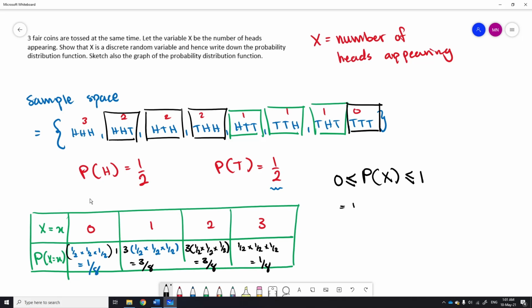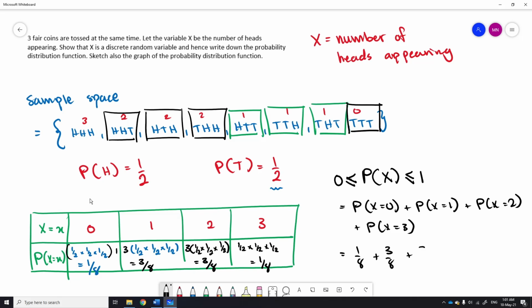It equals probability of x equal to 0 plus probability of x equal to 1 plus probability of x equal to 2 plus probability of x equal to 3. So then we have 1 over 8 plus 3 over 8 plus 3 over 8 plus 1 over 8. So then we have 8 over 8 that is equal to 1. So by this we have shown that x is a discrete random variable.